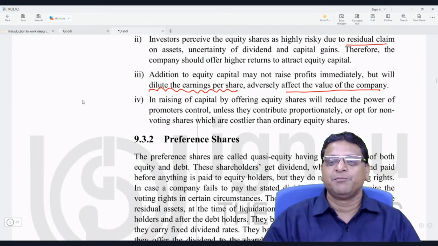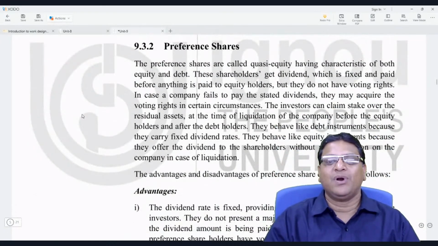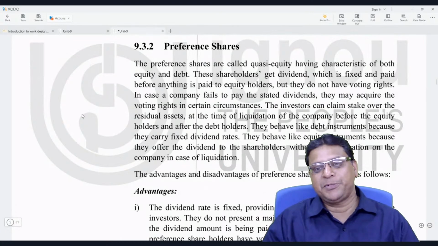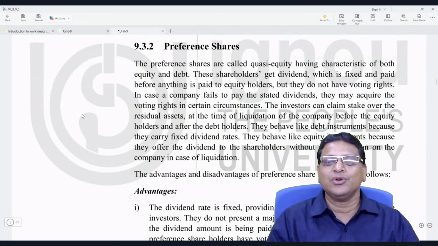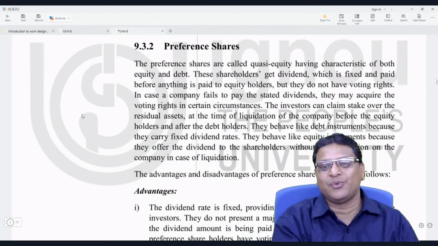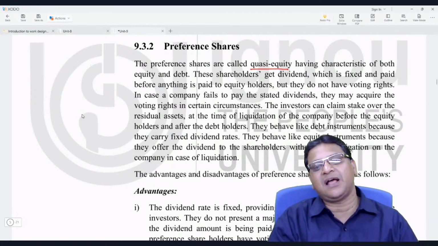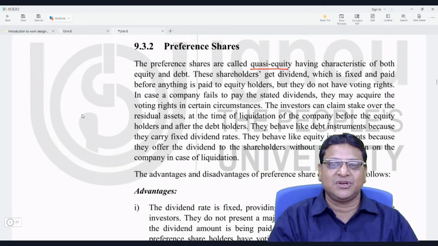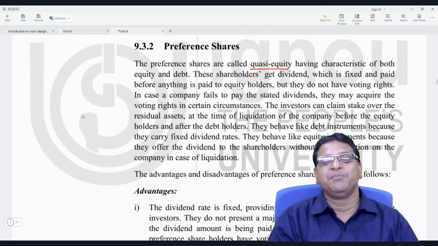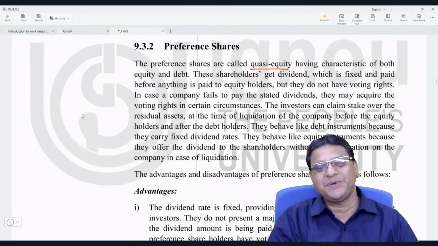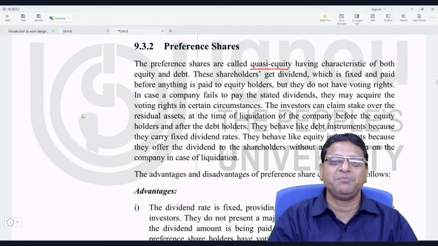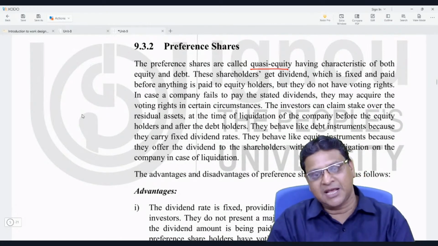Next capital is preference share capital. What are preference shares? Preference shares are also called quasi-equity shares or hybrid shares. Why are preference shares known as quasi-equity or hybrid shares? Because they have some features of equity and some features of debt. They are shareholders.